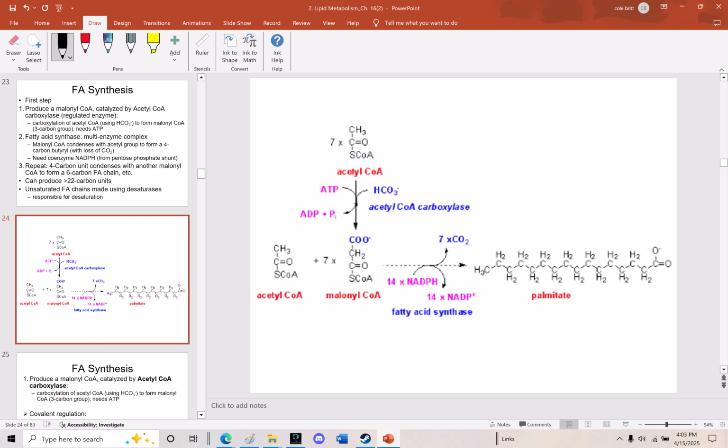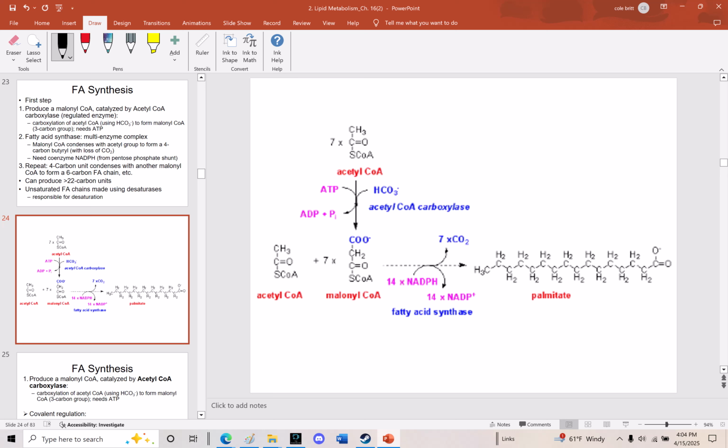And it is a multi-enzyme complex, and I'm going to show you that in a second. I do want you to at least visualize it, even though all I want you to remember is fatty acid synthase. That's the one that's going to take malonyl-CoA and condense it with another acetyl-CoA, and you're going to keep building, adding more and more acetyl-CoAs until you finally get the 16 carbon palmitate.